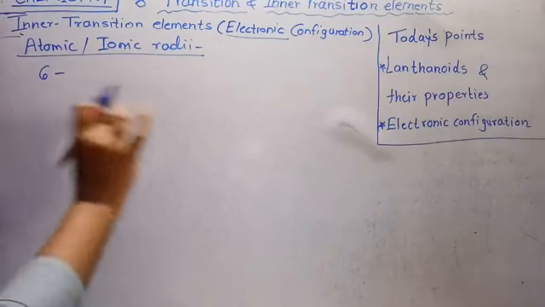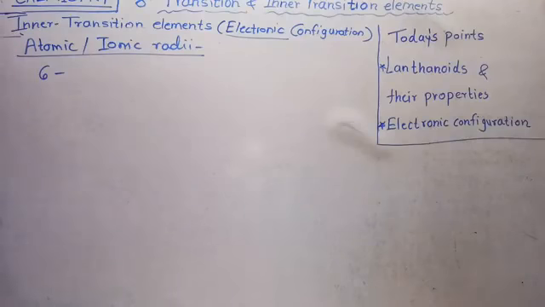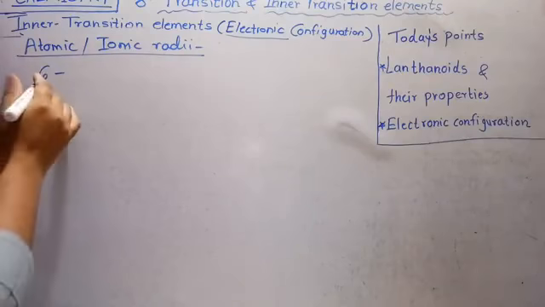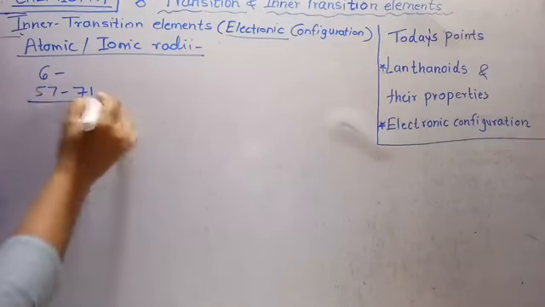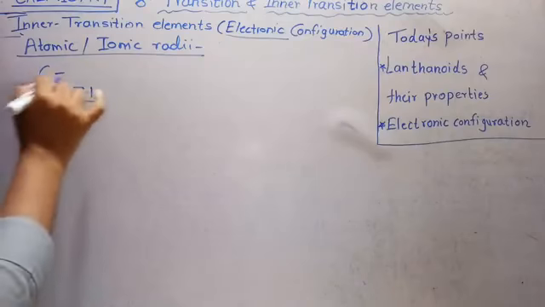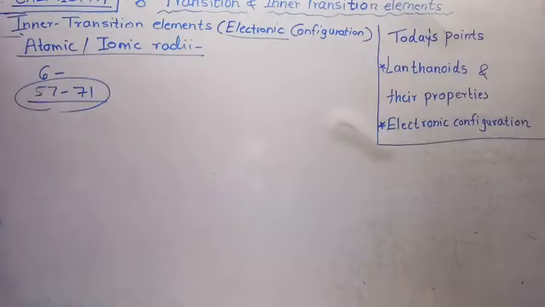There is a gradual decrease in atomic or ionic radii with the increase in atomic number from 57 to 71. Why is there a decrease?